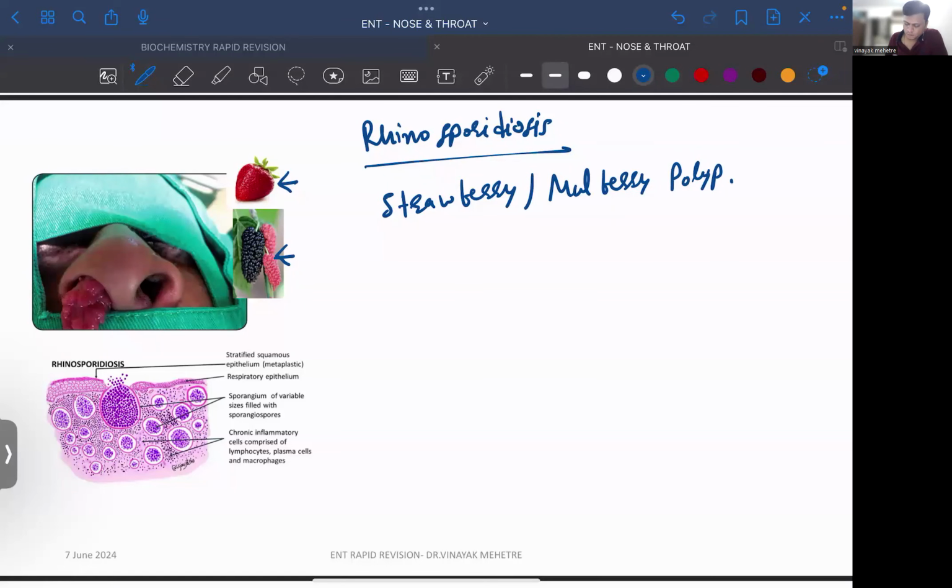Okay, polyp plus epistaxis. Where do we see? We see it in rhinosporidiosis.